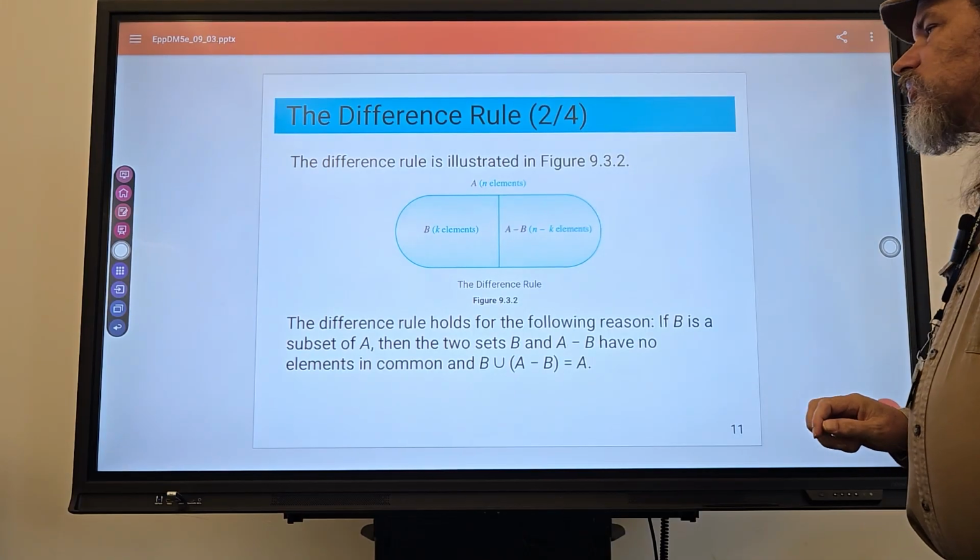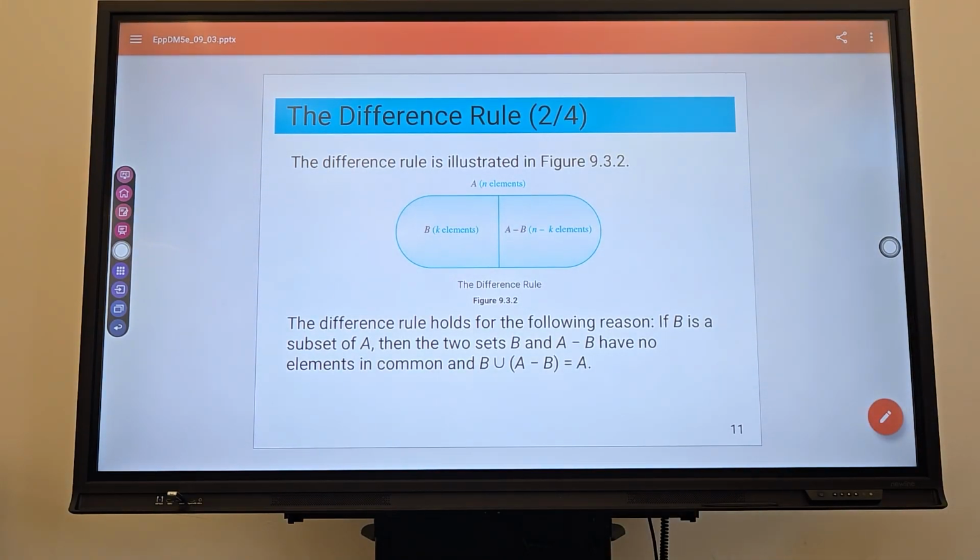The difference rule is illustrated in figure 9.3.2. A has n elements, B has k elements, A minus B has n minus k elements. The difference rule holds true for the following reason.